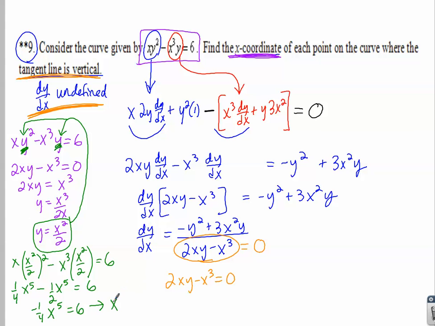Multiplying by negative 4 makes x to the 5th equal negative 24. And taking the 5th root leaves us with just the 5th root of negative 24. Let me write that a little bit better. x equals the 5th root of negative 24.